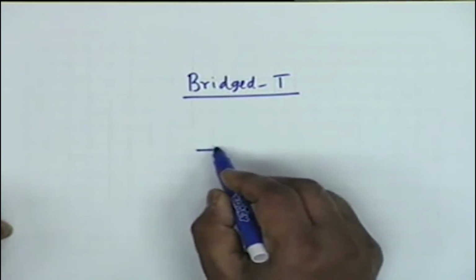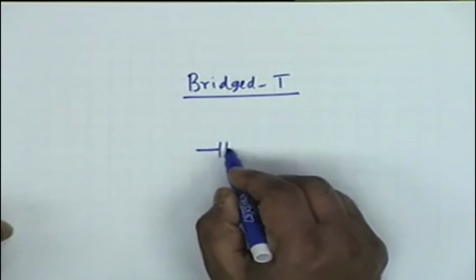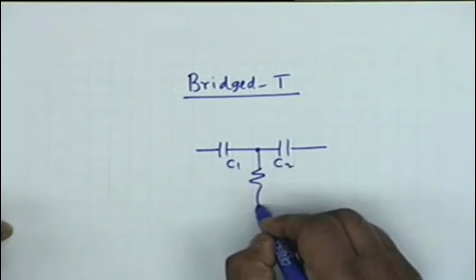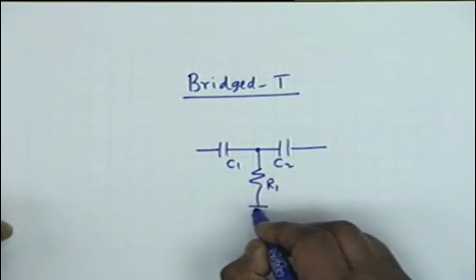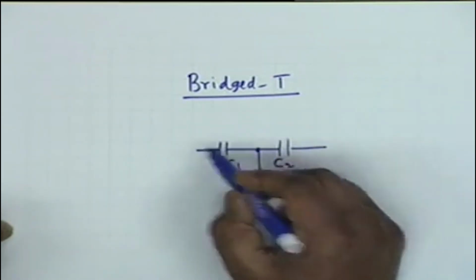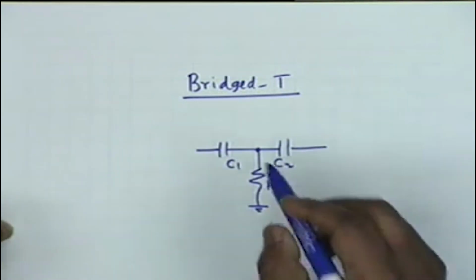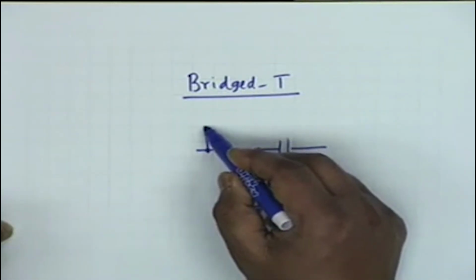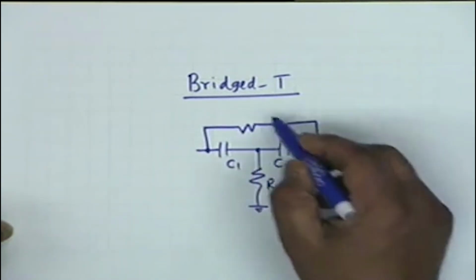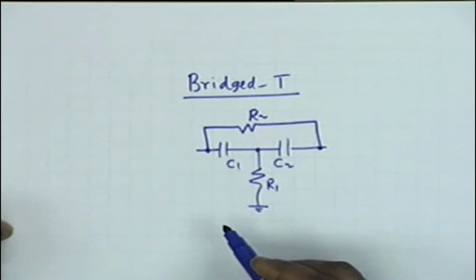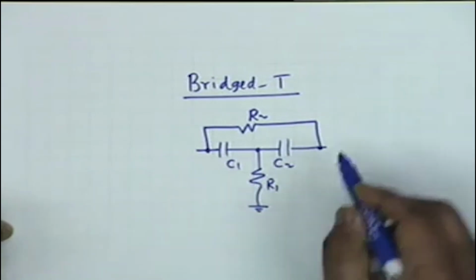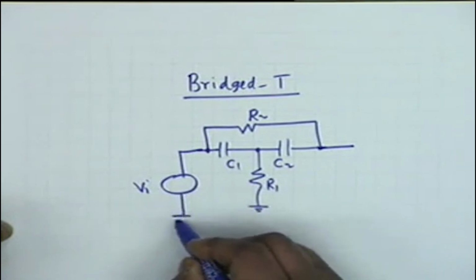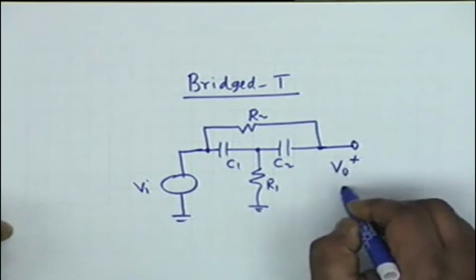Well, it is a T: there are two capacitors C1 and C2, then there is a resistance here, let us say R1. This looks like a T, and then you have a bridge across the T. It is a flyover, a resistance R2. So your input is here, Vi, and your output is here, V0.